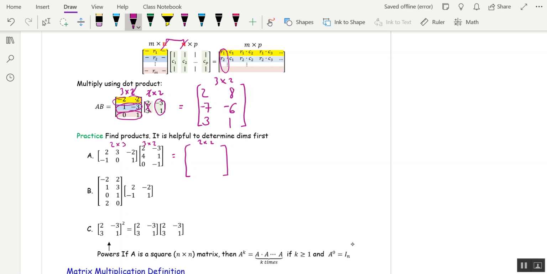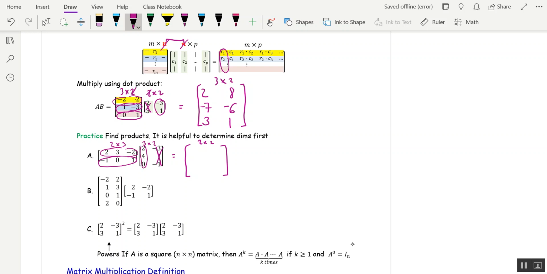And it's going to have 2 columns. The first column you're going to find by ignoring this column and dotting the rows of A with this column. So there'll be 2 dot products.